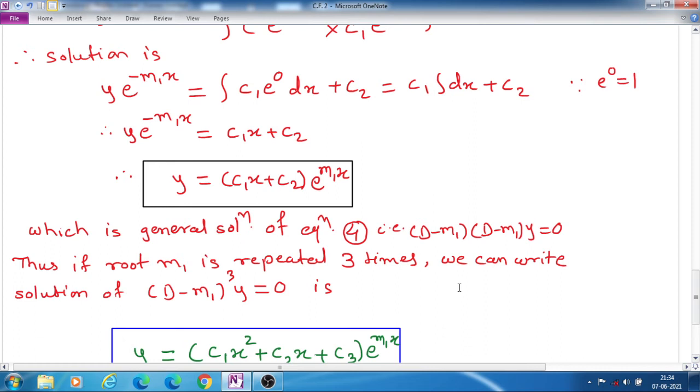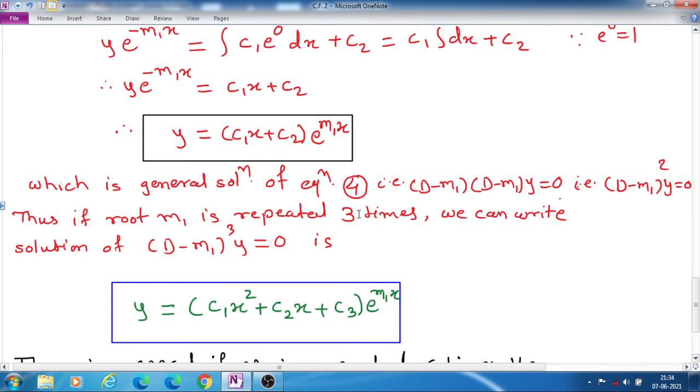That is, for d minus m1 bracket square y is equal to 0, we get the solution y is equal to c1x plus c2 into e raised to m1x.